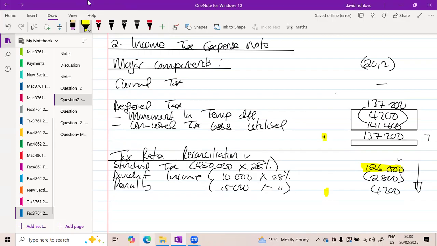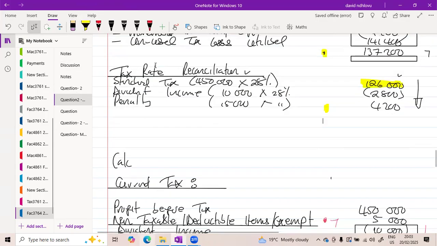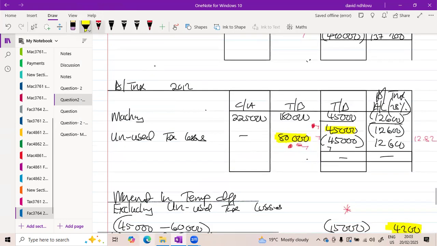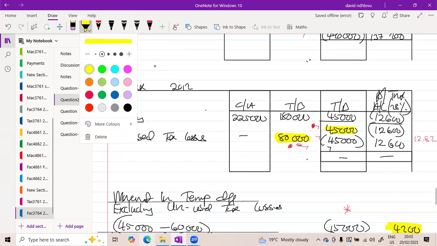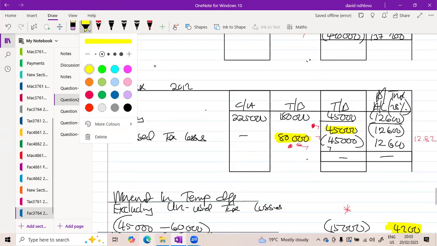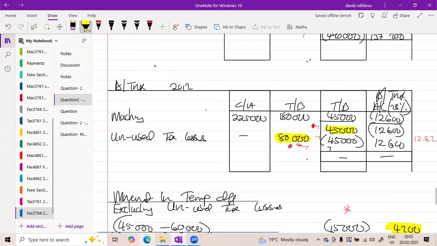Right, the reason for that is very simple. Now, remember, there was a limitation there. Right, 80,000 is what should have been recognized. But we recognize what? 45,000.